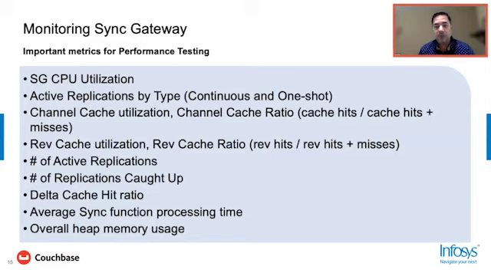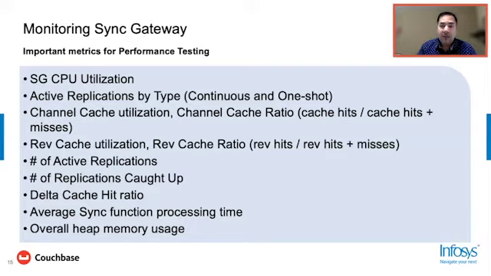So what you want to do is look at your active replications by type, and then see how many of those replications have caught up, and how quickly do they get caught up, right? So that'll tell you how long it's taking for Sync Gateway to catch up, or the CBLite to catch up with all the replications that there is on the Sync Gateway.